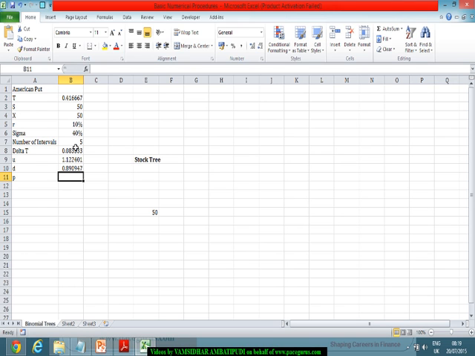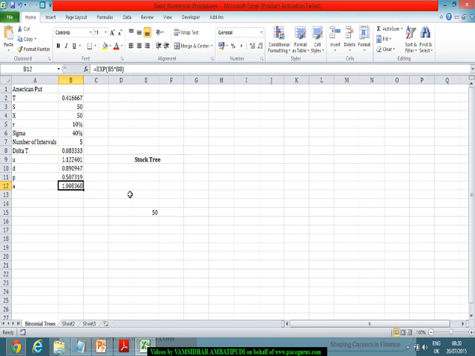A is e to the power of r times delta t for simplification. Now p comes out as a minus d divided by u minus d.